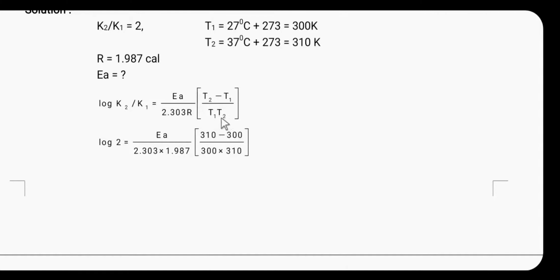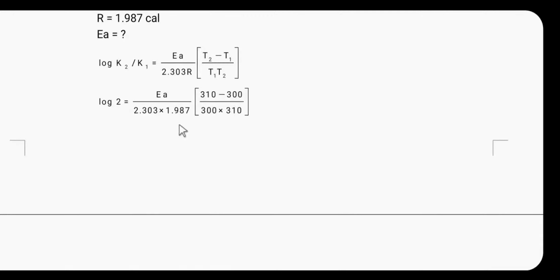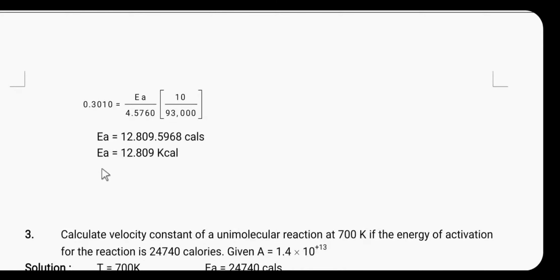Substitute the values of T1, T2 as well as the value of k2 by k1, which is equal to 2. So, here log of 2 is equal to EA upon 2.303 into 1.987 in bracket 310 minus 300 divided by 300 into 310, and when we solve this, the value of the energy of activation is 12.809 kilocalorie.